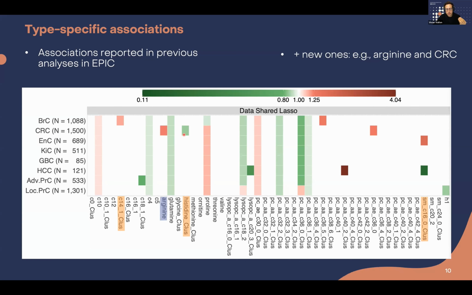And so this is why maybe this association was not identified in the previous colorectal study in EPIC, because in this study they used a simpler approach based on univariate analysis. This identification illustrates maybe some of the strengths of our analysis, which again was based on a multivariate approach.